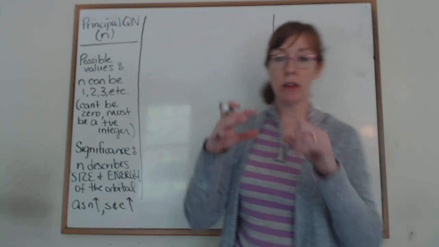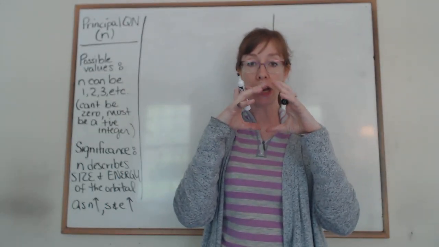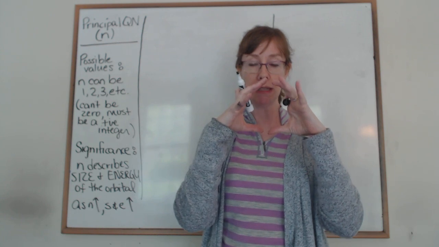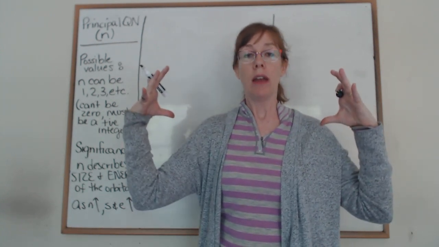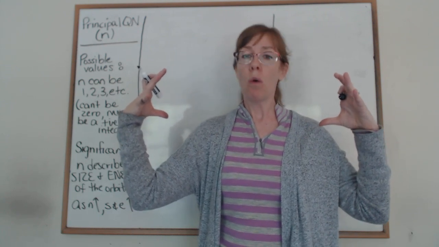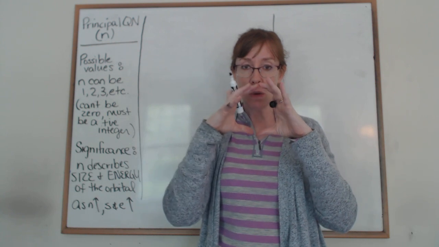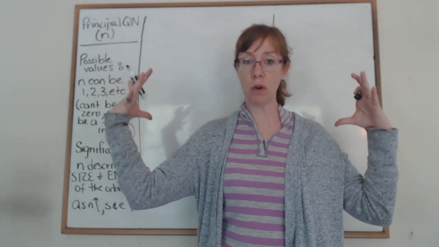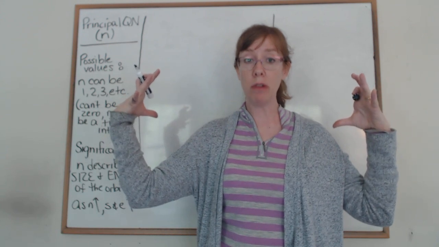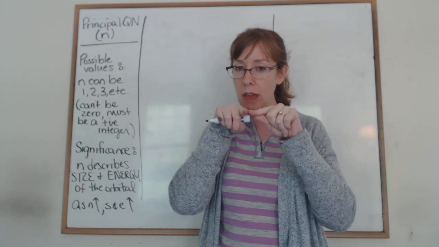So as your N values are going from 1 to 2, your orbital is actually getting bigger. So N equals 1 would be the size, N equals 2 would be bigger, N equals 3 would be even bigger. Now, size is kind of obvious. Why energy as well? Well, remember, inside the atom is the nucleus. So the farther you move away from the nucleus, the higher in energy your electrons that are living in that orbital are going to be, because they're farther away from where they want to be, which is near that nucleus.